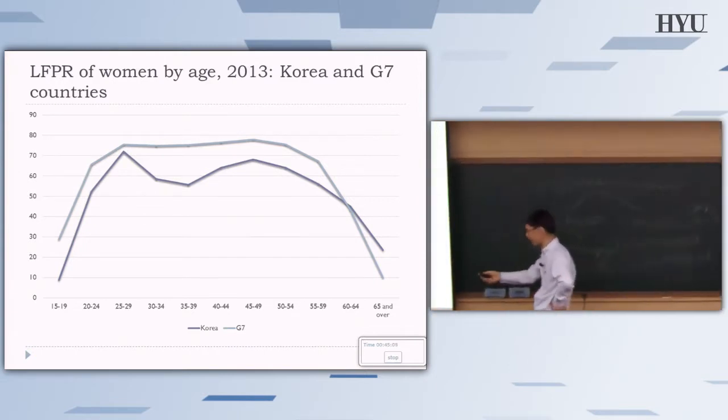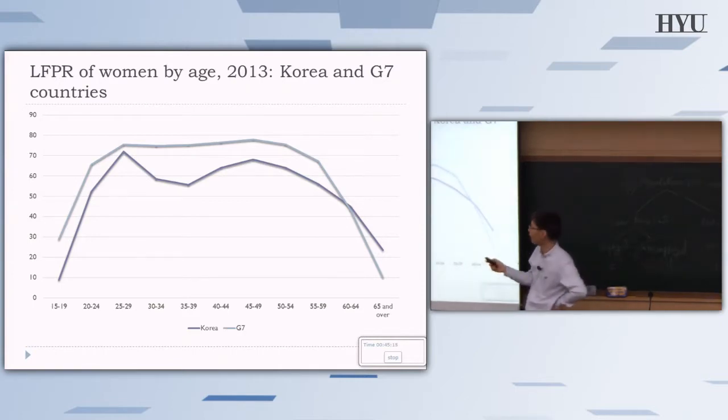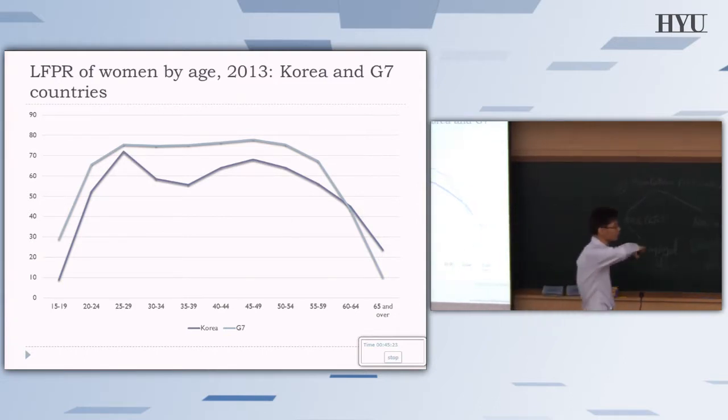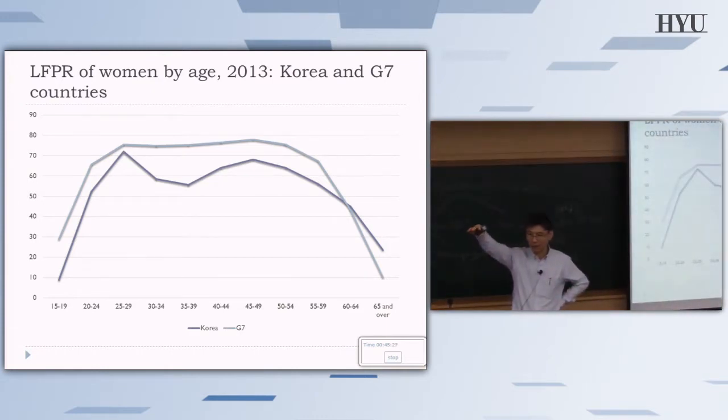But anyway, G7 countries are the most developed countries in the world, we can probably say. And in those countries, there is no such thing as this dipping. Indeed, for them, the women's LFPR looks almost the same as men's LFPR.